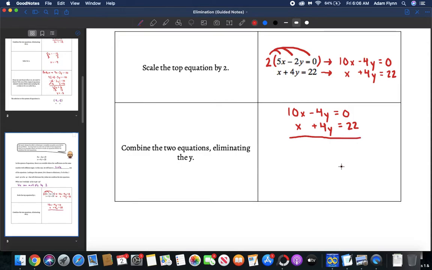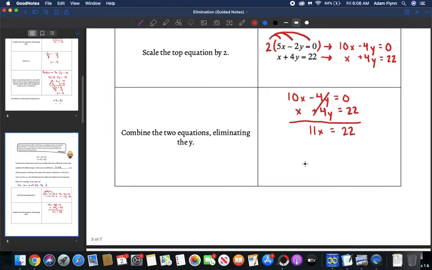I'll draw a line underneath. Negative 4y plus 4y is going to cancel. 10x plus 1x is going to be 11x. 0 plus 22, so I just get 22.